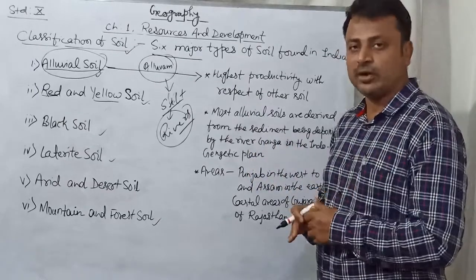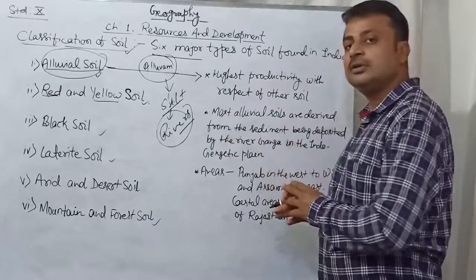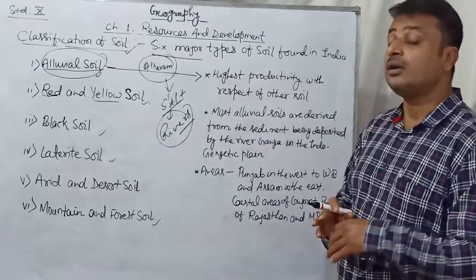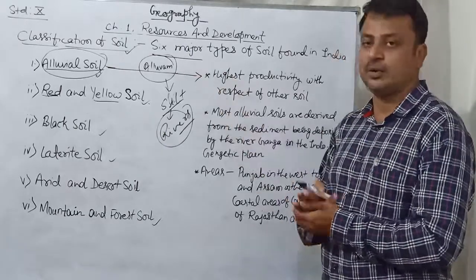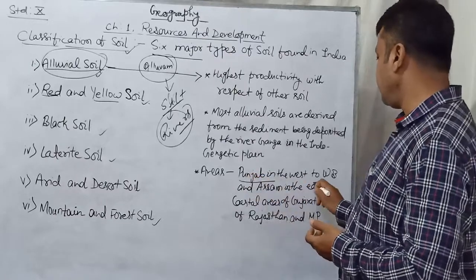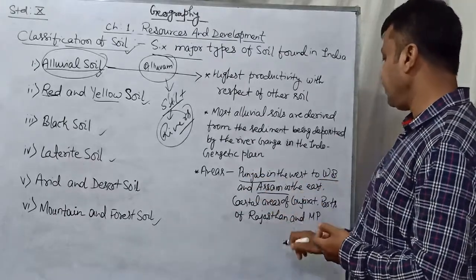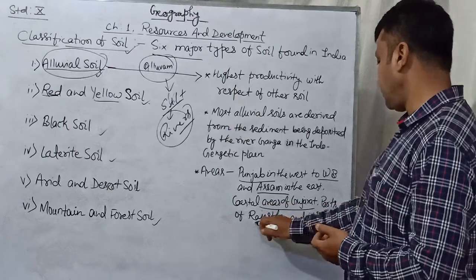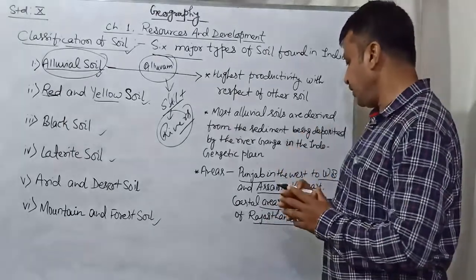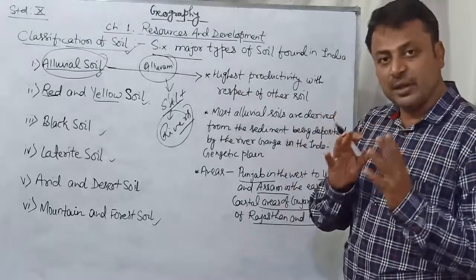I have just spoken to you how these are formed by the deposition brought by the rivers. And what are the areas where alluvial soil is found? Alluvial soil is found in parts of Punjab, West Bengal, Assam, coastal areas of Gujarat, parts of Rajasthan and Madhya Pradesh. These are the major areas where alluvial soil is found.